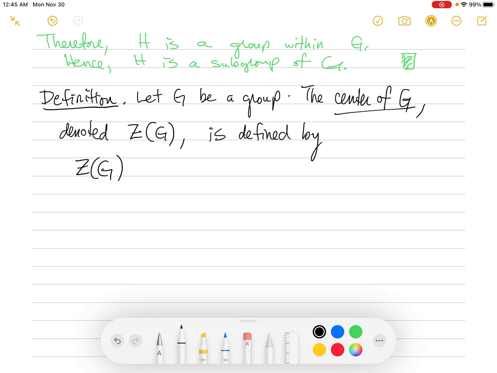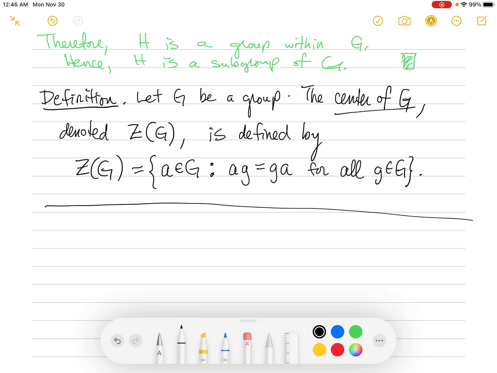so I don't know if you remember this definition, it's everything that commutes in the group, those elements that commute in the group. So it's the set of all elements a in G such that a g equals g a for all g in G. So this is a set of elements that commutes with all the other elements in the group.